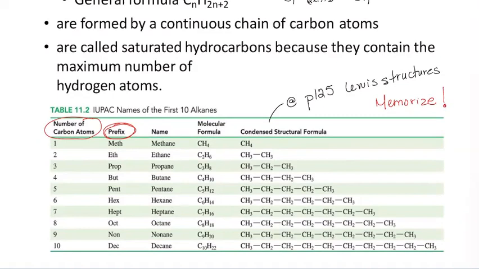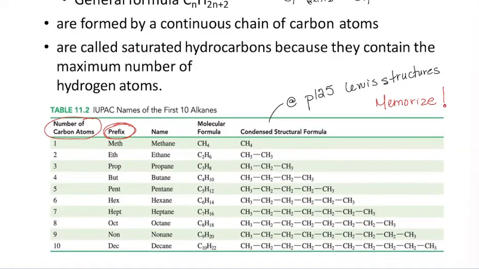An alkane that has 3 carbon atoms in a row is going to have the prefix prop, and the name is propane. So now you can relate, oh wait, propane, like propane gas. Yes, it is an alkane. And you can see the structure of propane in that 3rd row.